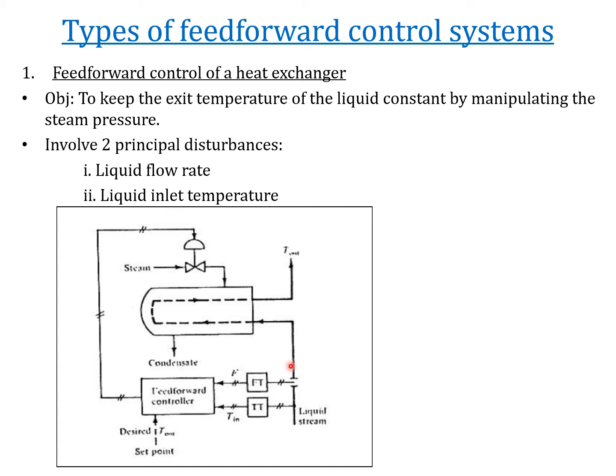We measure these two disturbances and use the feedforward to act on them with the required set point of the system, and then it acts on the manipulated variable to cater for the disturbance. So it's anticipating the disturbance, doing some rejection of the disturbance, and then adjusting the steam accordingly before the disturbance affects the heat exchanger. This is a very common, very useful system for heat exchanger feedforward control.